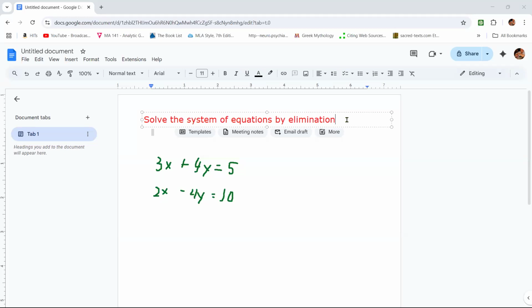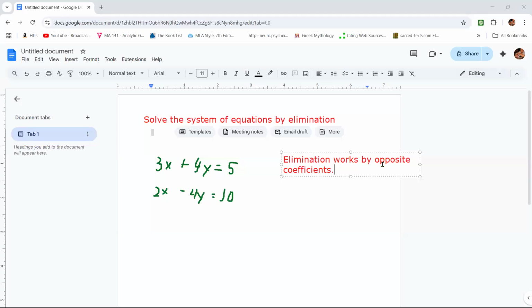Now, I'm going to show you several examples of this, but elimination works by opposite coefficients. And I'm going to explain what I mean by that.